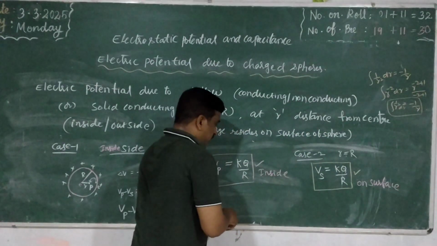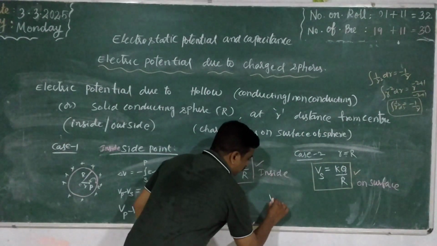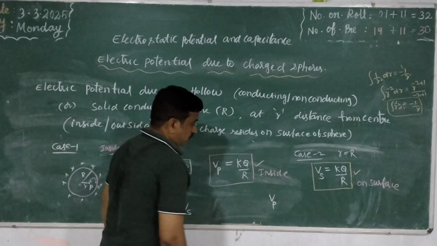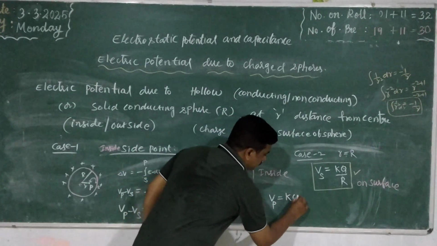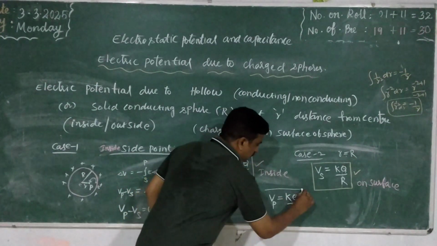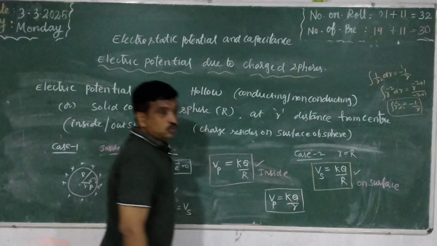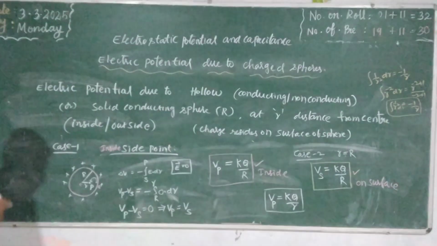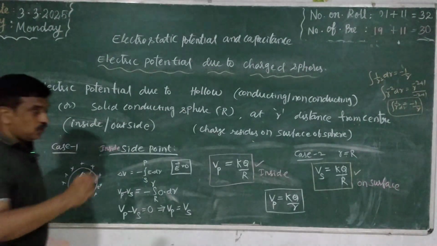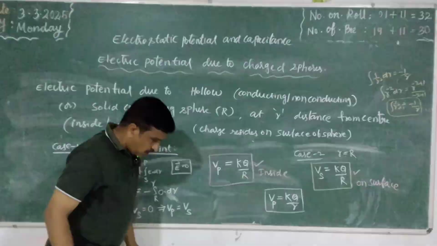What is the potential at an outside point? Potential at an outside point is Kq by small r. It is the potential due to a hollow conducting, non-conducting or solid conducting sphere at distance r from the center, outside point.